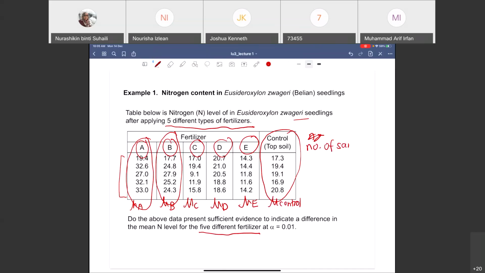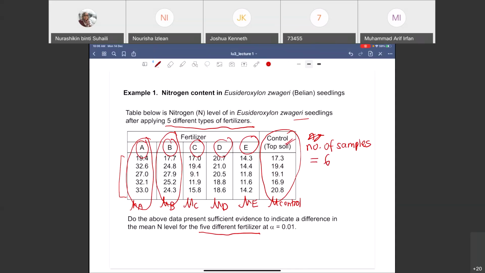That's why I said you have to understand the nature of the problem, in order to understand what you are looking at, what you are measuring. The number of samples in this case is 6, not 5, because in any experiment, you must have a control. That is another piece of knowledge that you should know.